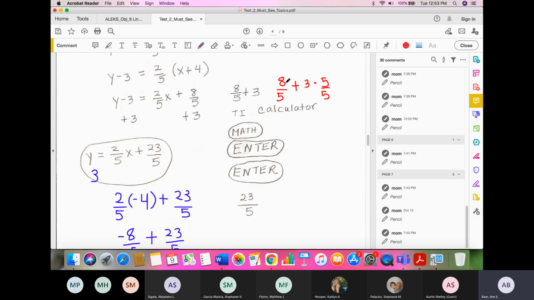So this is 8 fifths plus 3 times 5, which is 15 fifths.